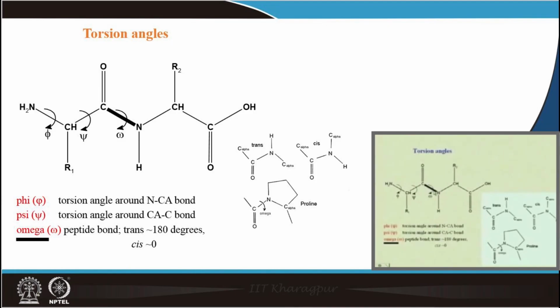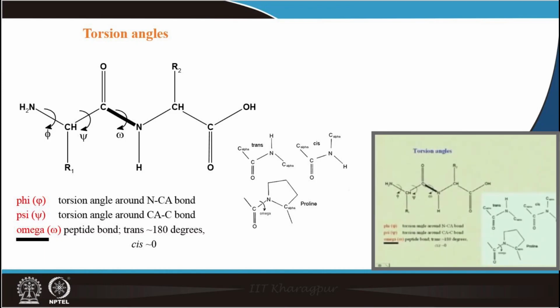Now, this peptide bond actually has a partial double bond character to it. You can see it's drawn thicker. Why is that so? Because there is a lone pair on nitrogen that can be donated to this bond here, where this loses a CO minus. Okay? So, what do we have here? A partial double bond character.